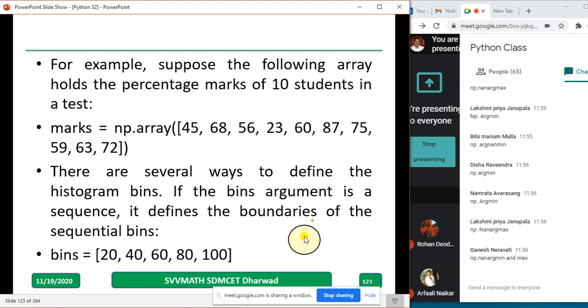So I want to plot the histogram, and these are the bins. You can change also and count. I have 5. You can make it 6, 8, something like that. Make changes in the program and you can execute. One sample program I am going to show in the next slide. Just read it before we go to the program: what program I have written, what it will do, what changes I can make in the program. That much you try to understand now.